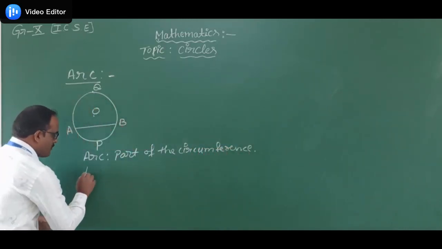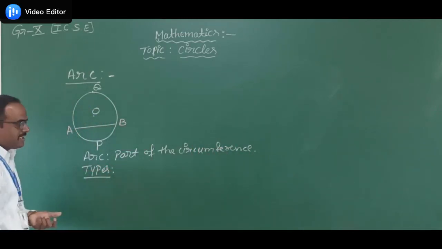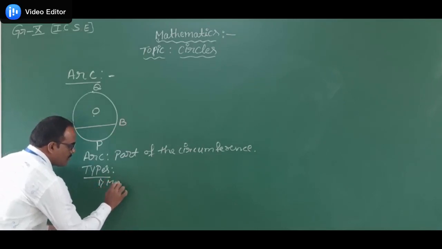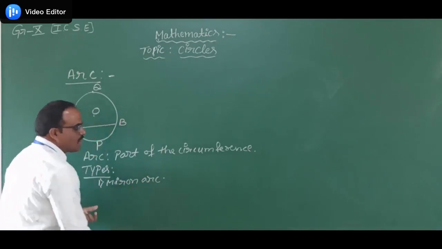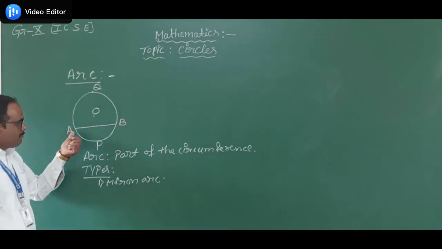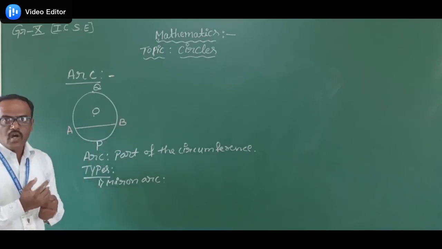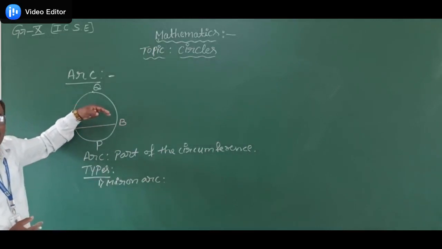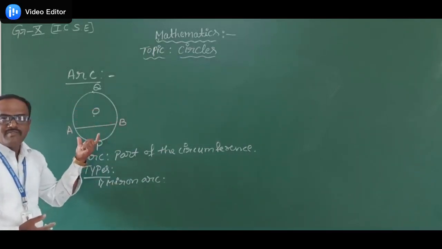Next, types. What are the types? The first type of arc is minor arc. What is called minor arc? The part of the circumference which is having the shorter length, or we can say the length of the arc is less than the semicircle, or we can say the smaller part of the arc.